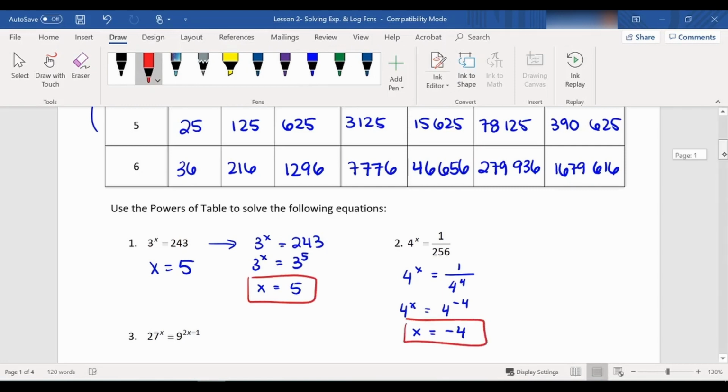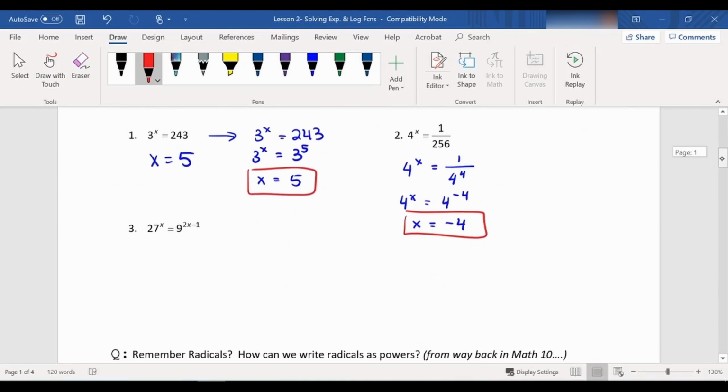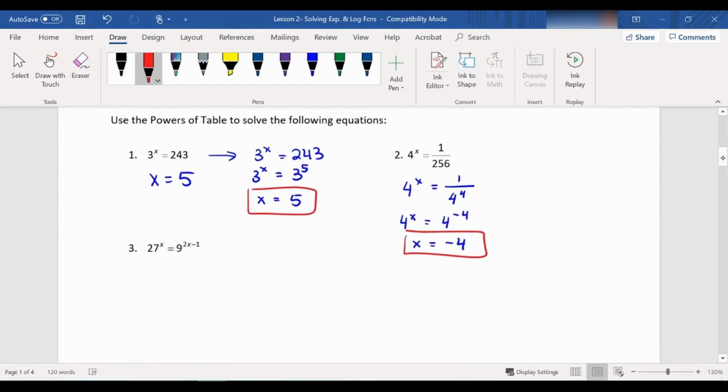Okay. Now, when we look at the next one, we see that we don't have the same base. This is not obvious. So before we start, we must make the same base first. So 27 and 9 can both be written as a base 3.